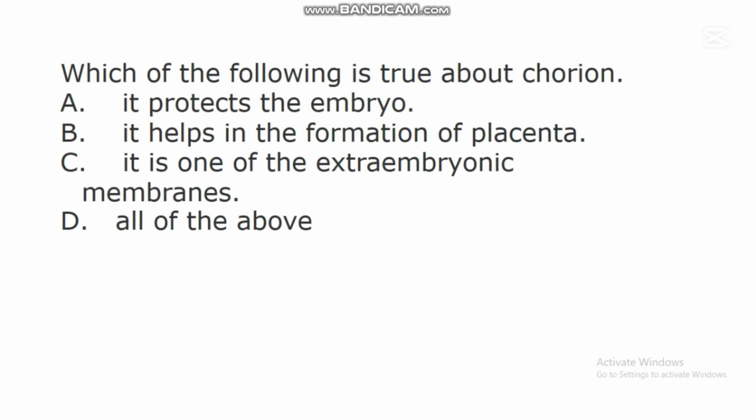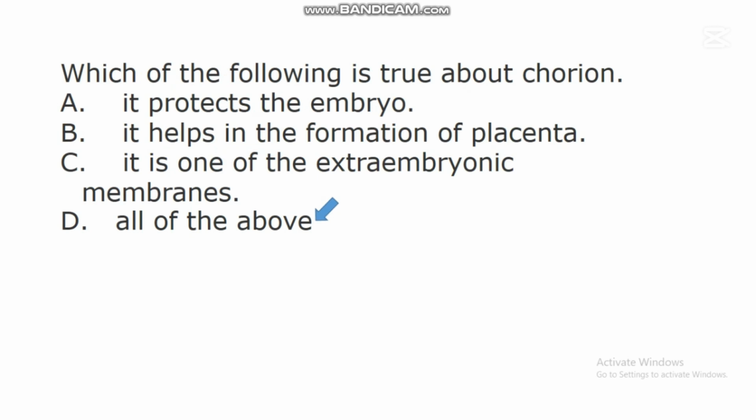The next question says, which of the following is true about chorion? A. It protects the embryo. B. It helps in the formation of placenta. C. It is one of the extraembryonic membranes. D. All of the above. In this question, the correct answer is D. All of the above.